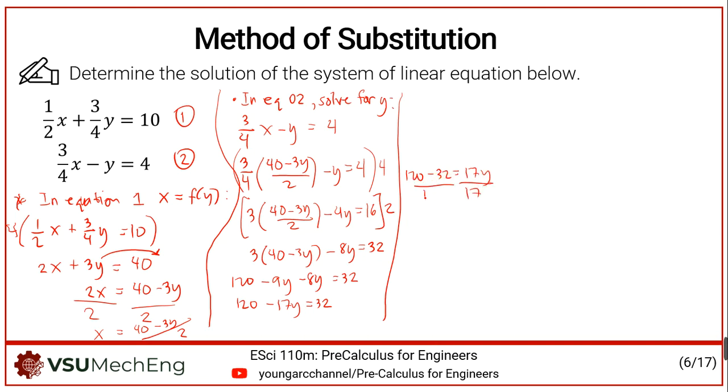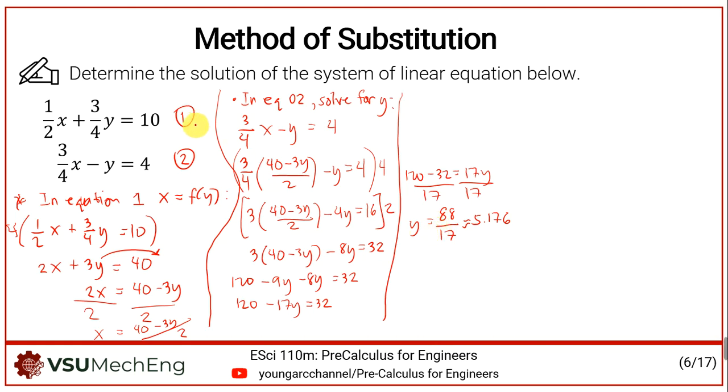Divide both sides by 17. Now the value of y is (120 minus 32) divided by 17, which gives y equal to 88 over 17, or in decimal that is approximately equal to 5.176.